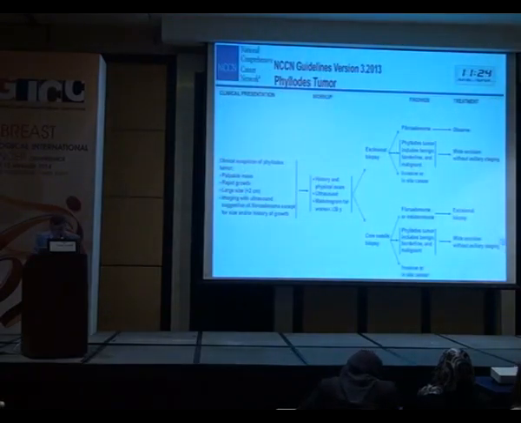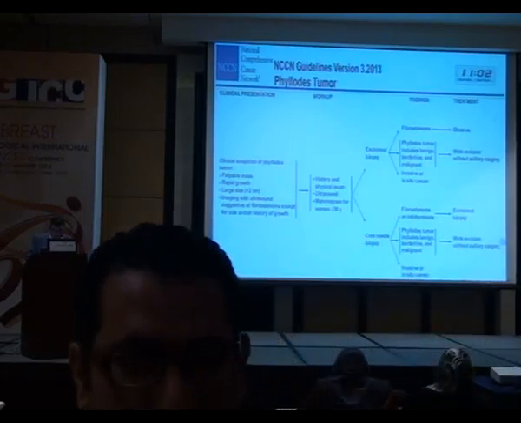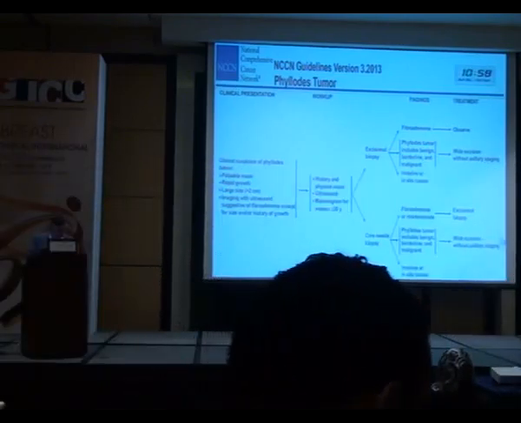This slide shows a simple algorithm for proper diagnosis and management of Phyllodes tumor by history and clinical examination, and breast ultrasound and mammography, followed by excisional biopsy, through which you will determine the pathological type of the tumor.